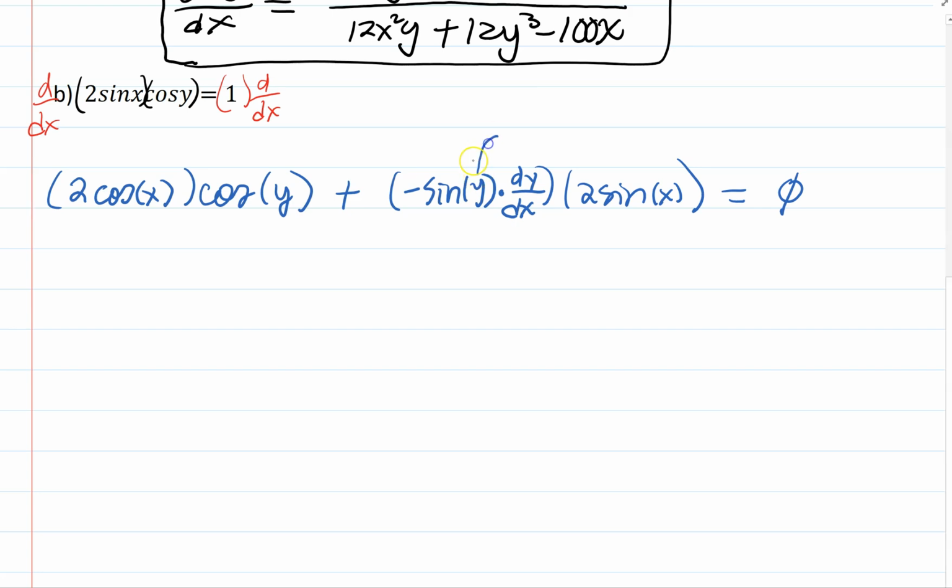So y is treated as a function in terms of x, and we have to multiply by the inside derivative, which is dy dx.